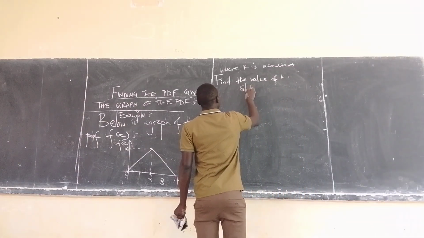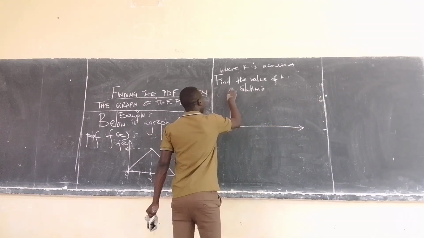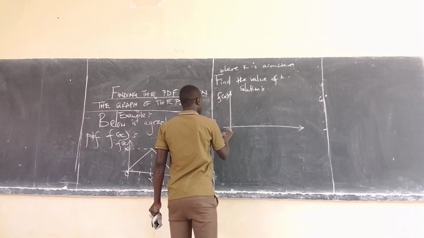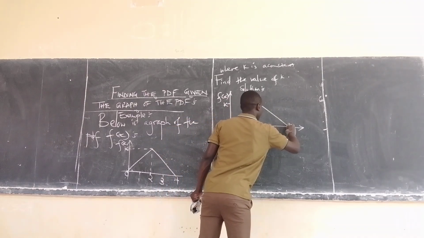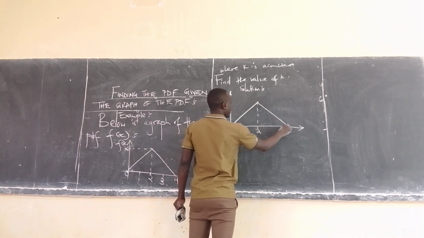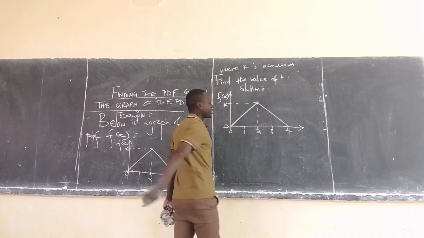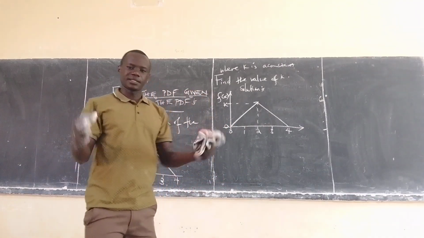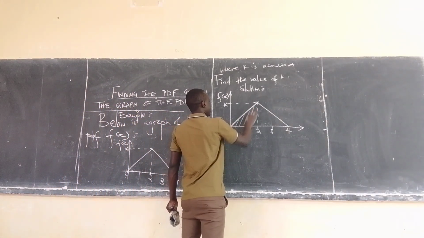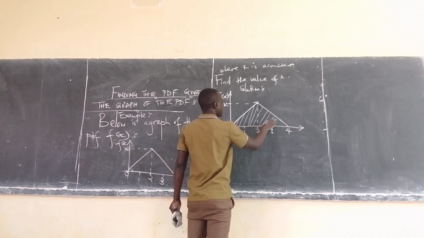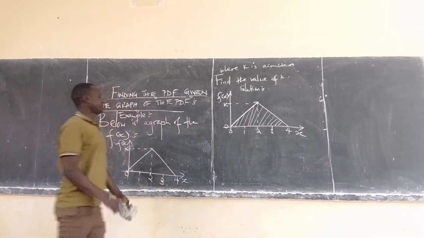So in our solution we said that if this is the linear PDF, this is f of x, this is 0, this is k, this is a 2, that is a 4. We said that before doing anything, you first shade the area under the graph of the PDF, bounded by the x-axis and the f of x-axis.